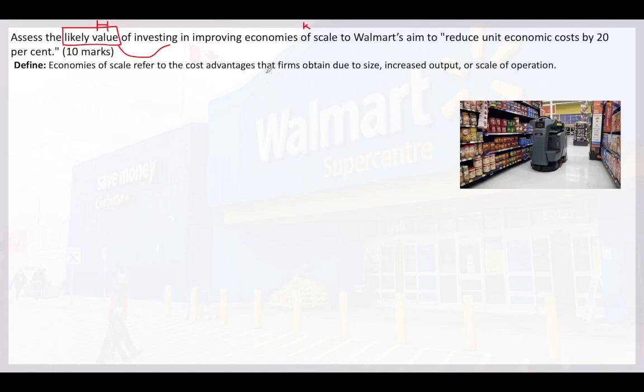Walmart is an equivalent of a PLC. They have shareholders, and you'll notice from the article they've been giving dividends every year since they basically opened. Okay, very popular with shareholders, and that's why their share price has gone up. If you read the original article, you'll see the share price has gone up quite a lot in recent years.